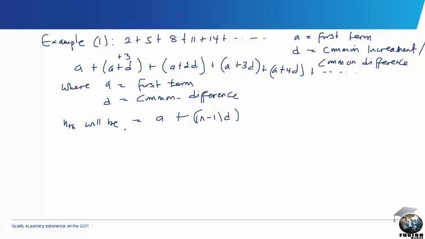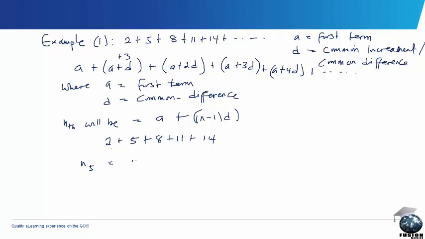We'll take a particular illustration and see whether it justifies this. Assuming, just like the one above, we have 2 plus 5 plus 8 plus 11 plus maybe the series ends at 14. Can we say that 14 is the nth term, that is n is 5, the fifth term?